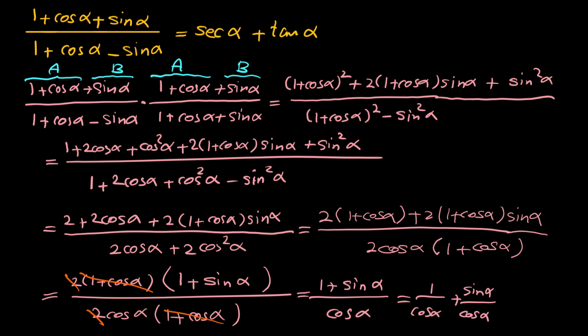What is 1 over cosine? 1 over cosine, based on reciprocal identities, is secant alpha. Sine over cosine is tangent alpha. The other side. This finishes this example here. We proved this complicated identity.